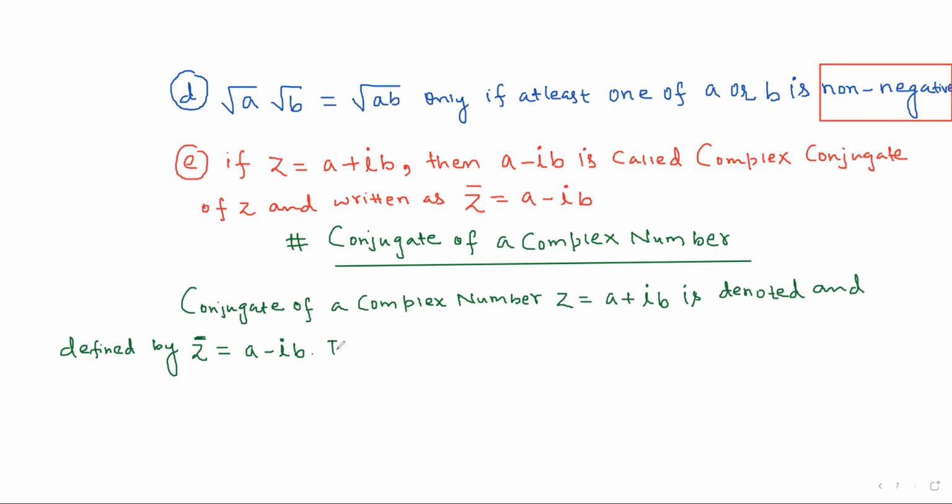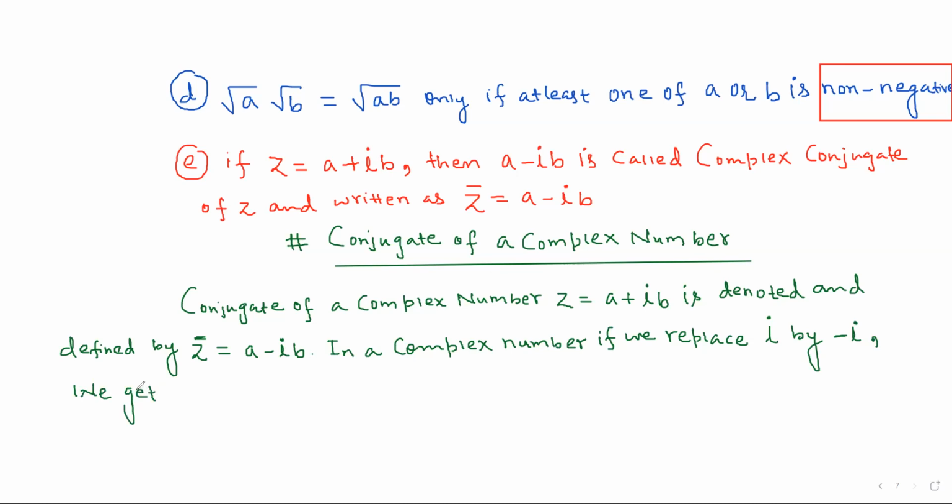In a complex number, if we replace iota by minus iota, we get the conjugate of the complex number.